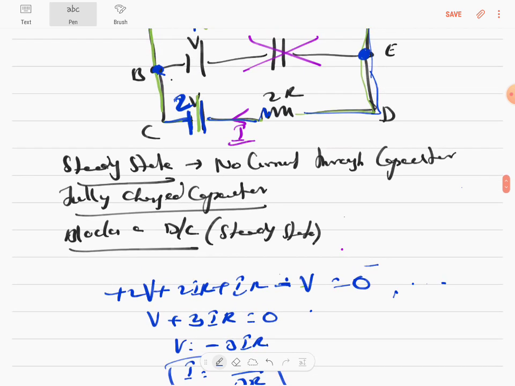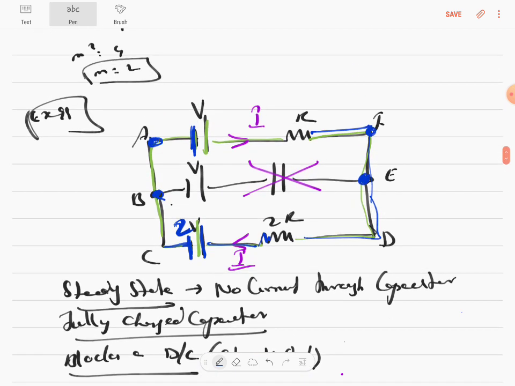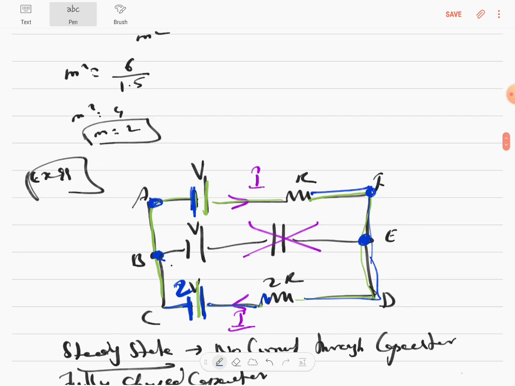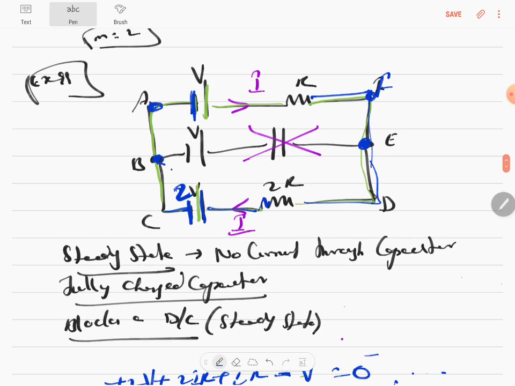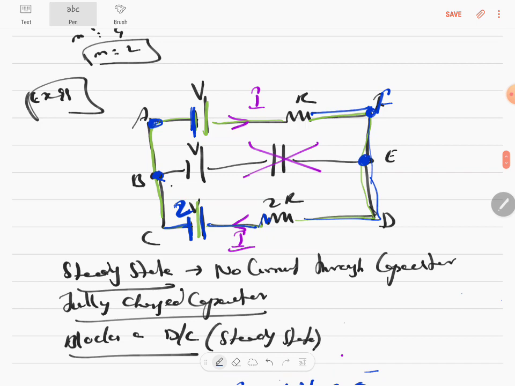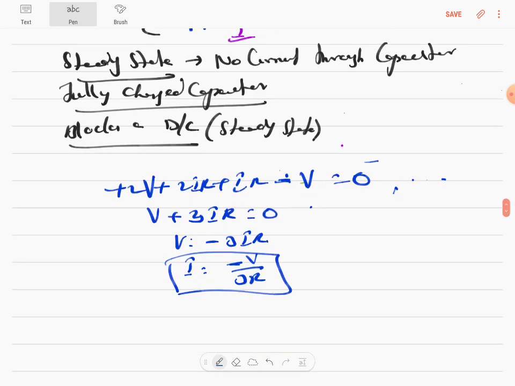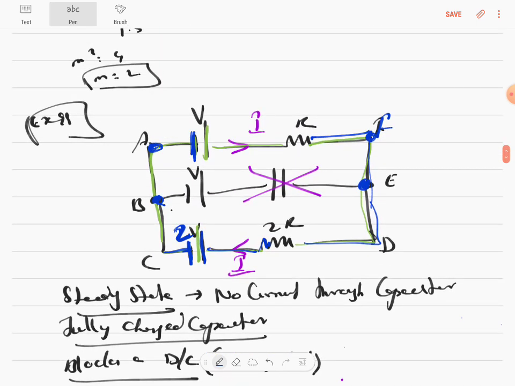You got the current. So now that you got the current, you know the potential difference across B is the same as the potential difference across AF. So potential difference across AF, you know the current is minus V by 3R. So potential difference across AF means you have to come from F to A in this direction. When you come, there is a current which is flowing in the opposite direction, plus IR, positive to negative, minus V, and this will be the potential difference.